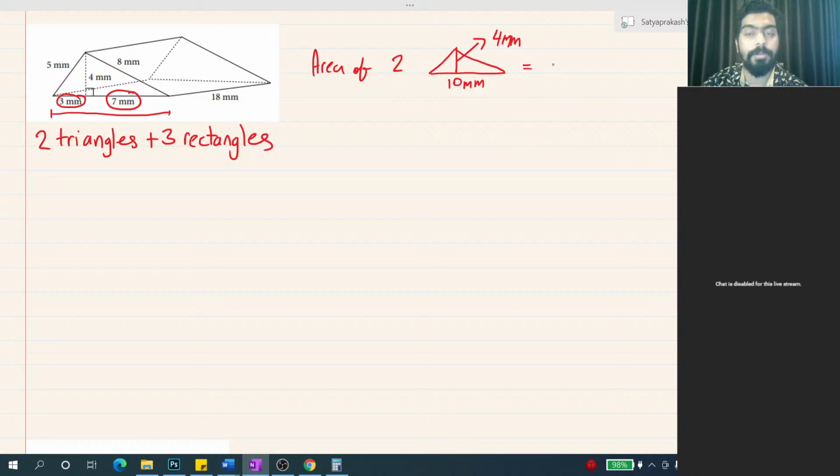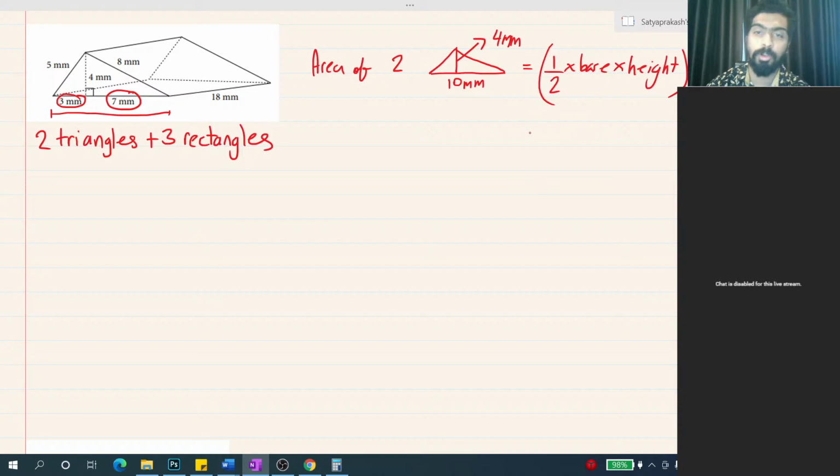The area of a triangle is 1/2 multiplied by the base multiplied by its height, and we will be multiplying this by 2 because the front and back triangles have the same dimensions.